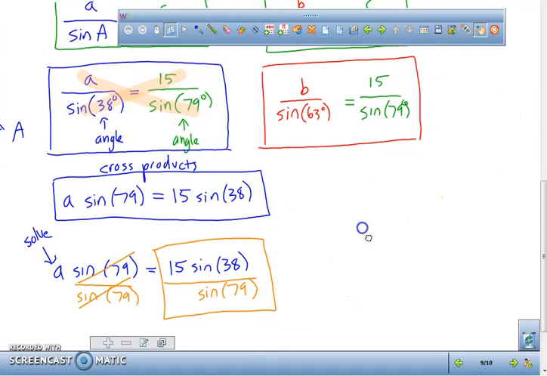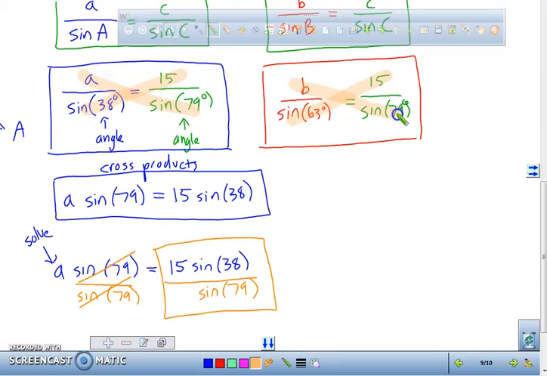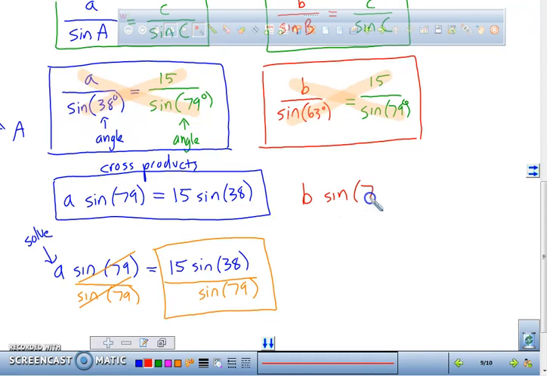So I'm going to go over here. We're going to once again find the cross products for B. So I'm going to do this in red. B times the sine of 79 degrees is simply B sine 79. B times the sine of 79 equals, what's the cross product of 15 times the sine of 63?